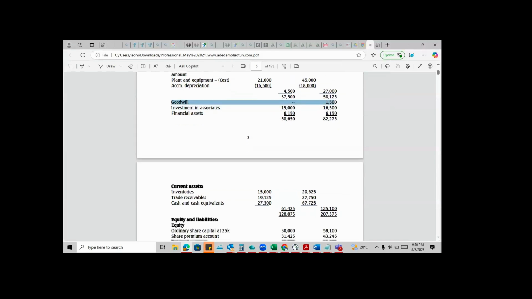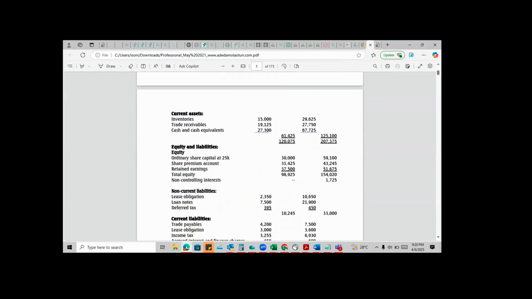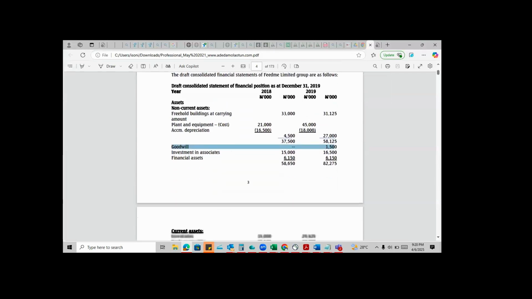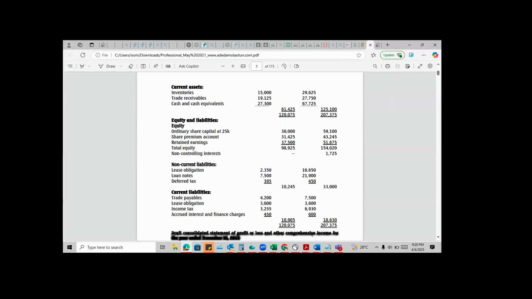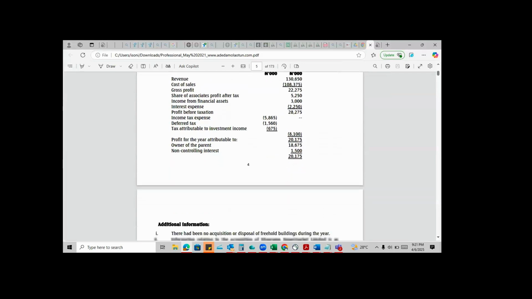So if we made an investment in subsidiary, we probably have had dividend received from our subsidiary as well. Let's look at it.